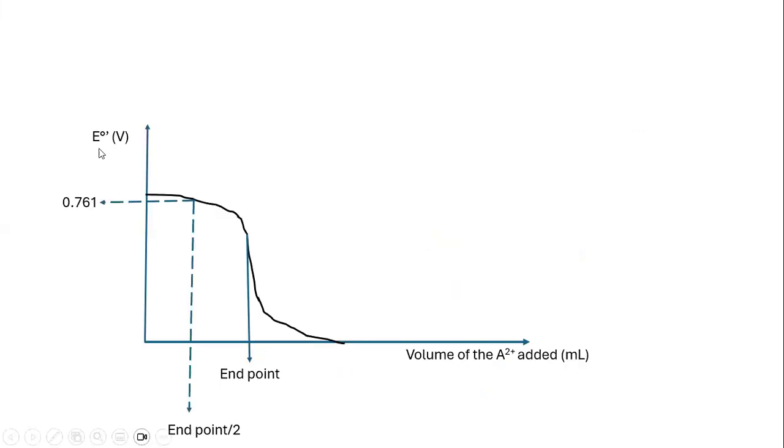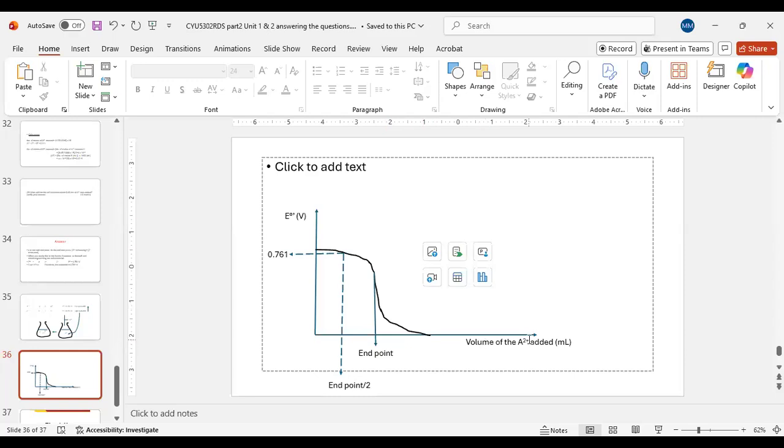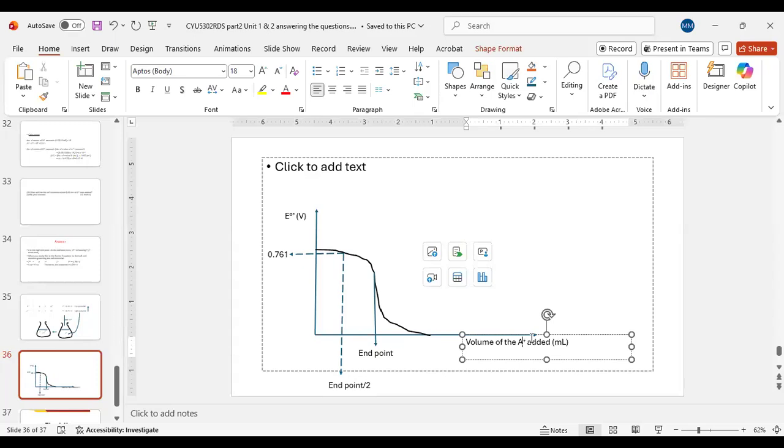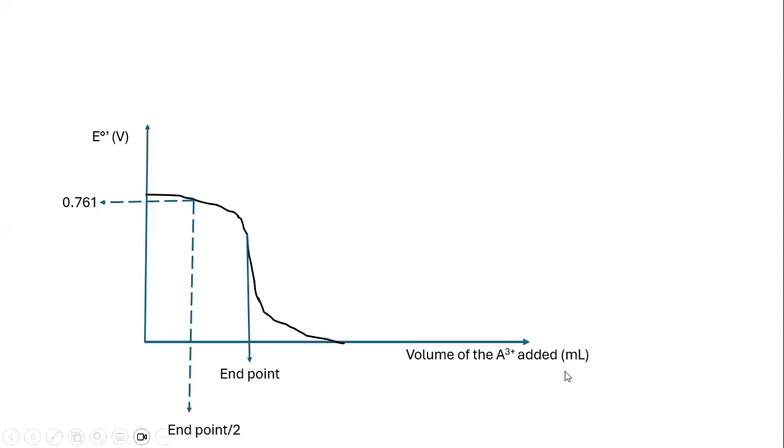Okay, you have the two axes, E naught dash, units volts, and volume of A3 plus added.